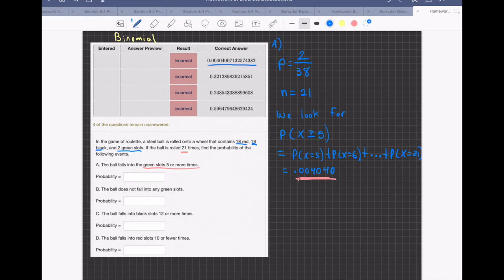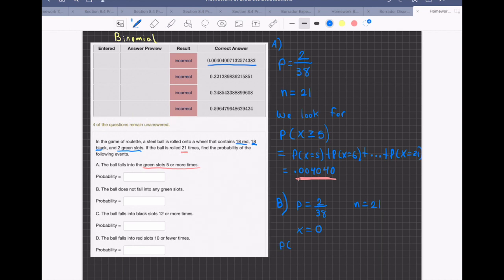For the part B, the ball doesn't fall into any green slot. So again, here we have probability of success. We're talking about green. Probability of success in only one trial, in only one roll, is 2 over 38. And n is the same, n equal to 21. But here x is no green slot. That means x equal to 0, right?